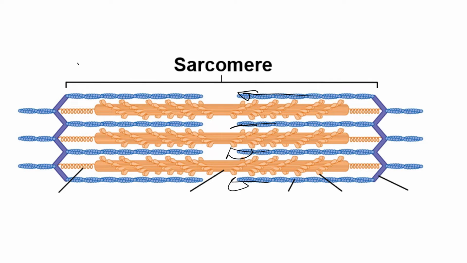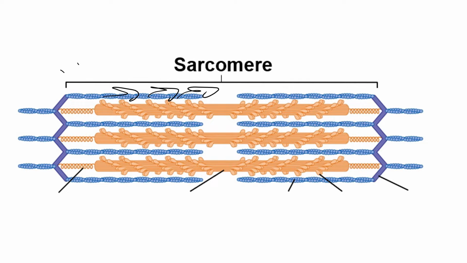The idea is the faster that the actin filaments move over the myosin filaments, the less time there is for certain myosin heads to be able to interact with the actin filaments. So let me say that again. Imagine this actin filament is moving over this myosin filament at a really rapid pace.